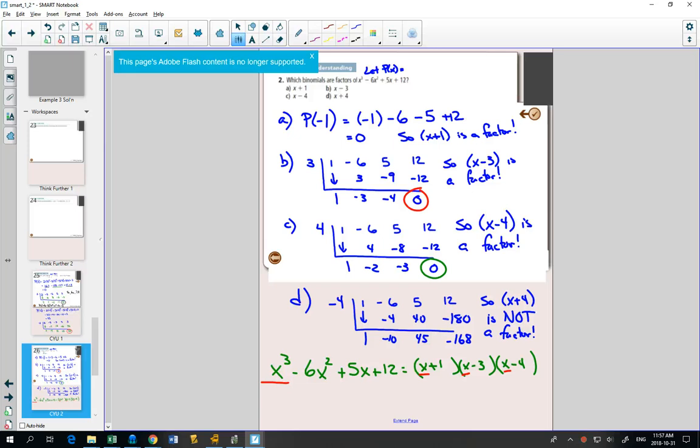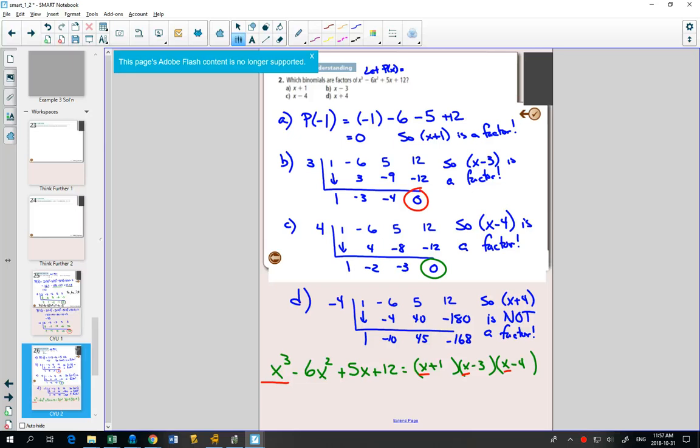Next question. This is really helpful because this leads us to the next question. How do I know without the remainder theorem, without synthetic division, just looking at my polynomial that I would start with? I know we finished it. We're already done. We already know that the 3 factors are there and there are no others.